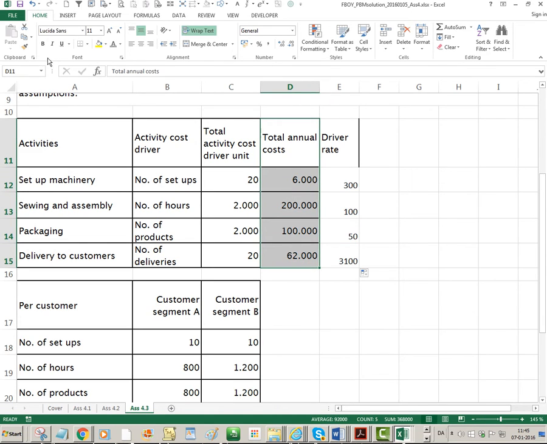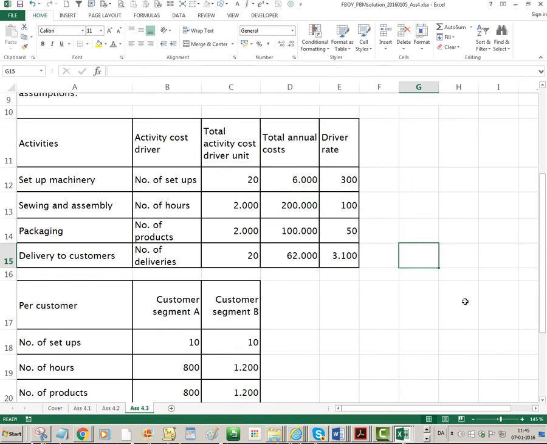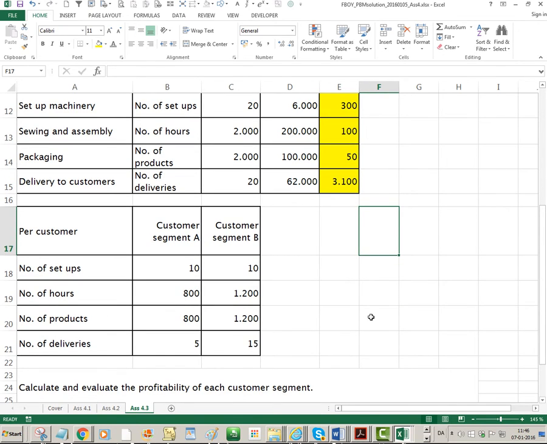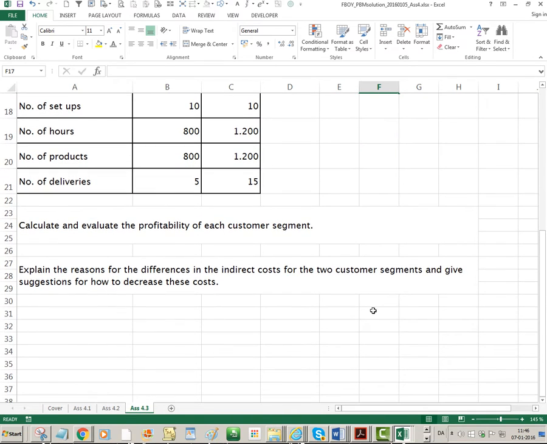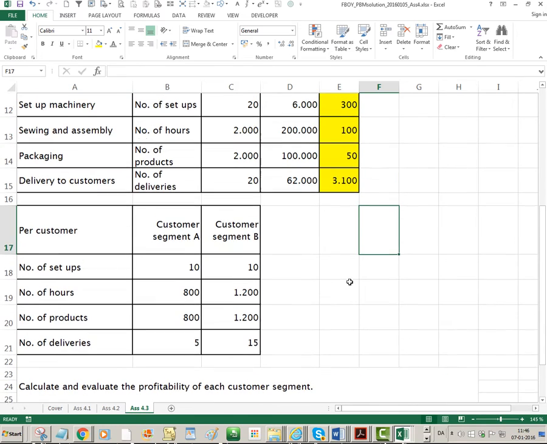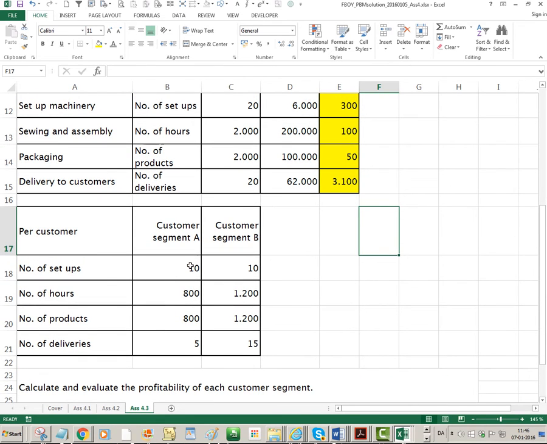Can we maybe make this a little bit more beautiful? Could we somehow emphasize that these are things we calculated ourselves? We make it yellow. Okay, and then we have to see how we can best do this.